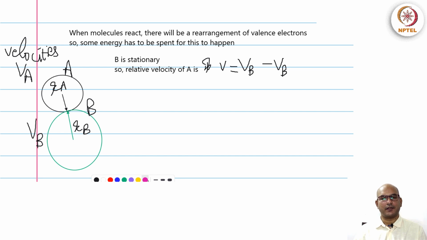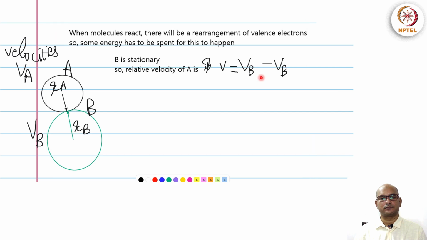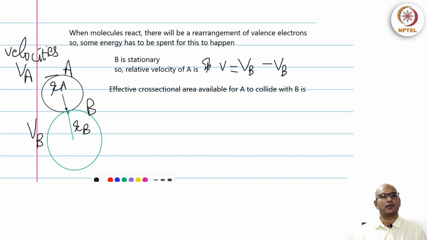So, now the effective cross section area available for A to collide with B is how much? This is the total zone which is available. I will mark it in red color.